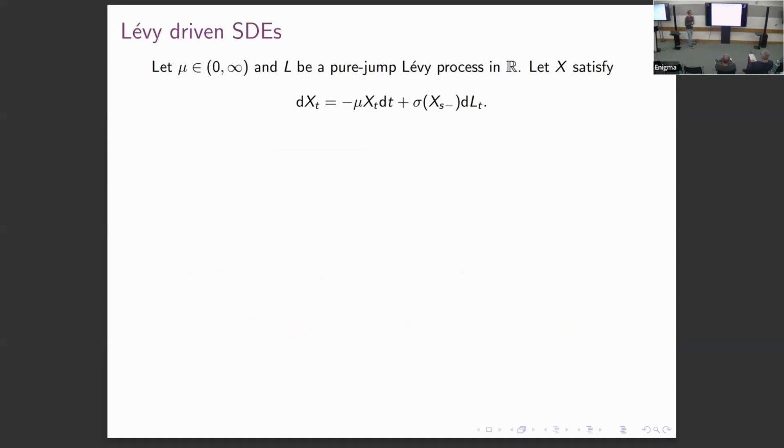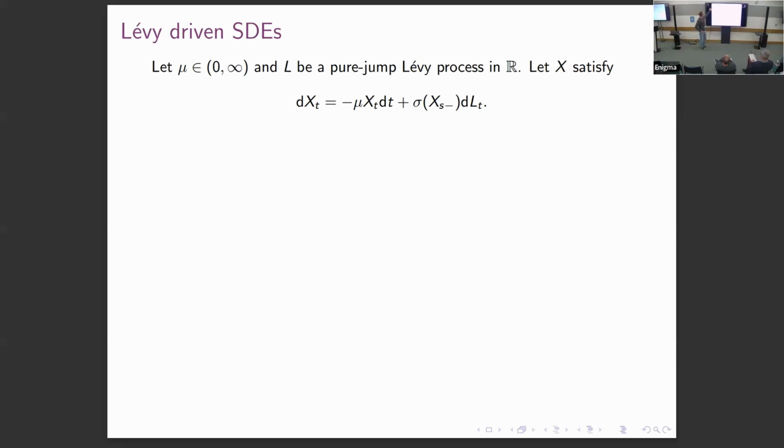So those were continuous time examples, and now we'd like to say something about processes with jumps. And we wanted a model where jumps wouldn't just be artificially added, but a model where heavy tail jump distribution severely affects the long-term behavior.